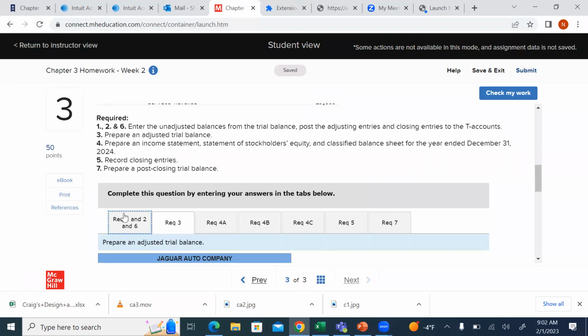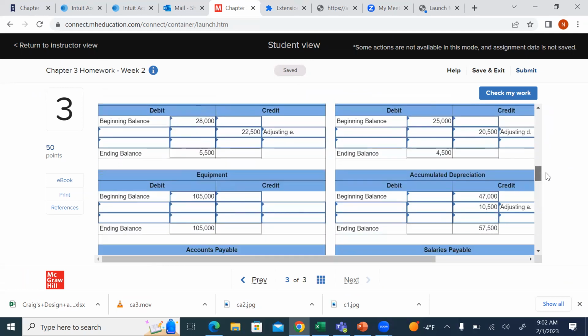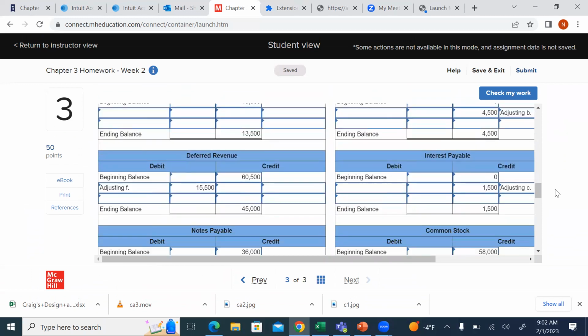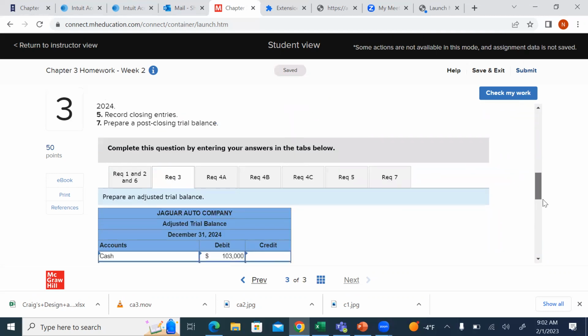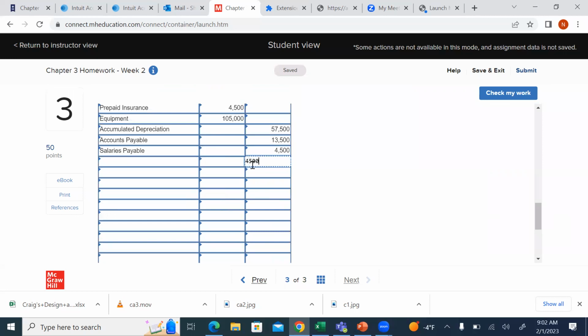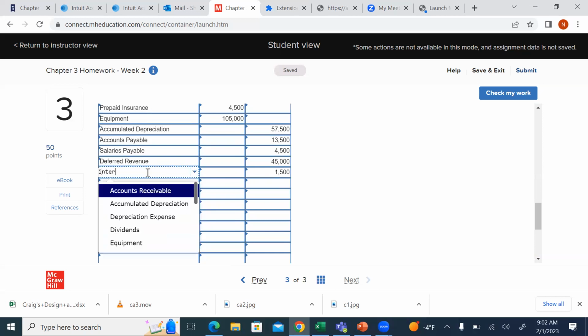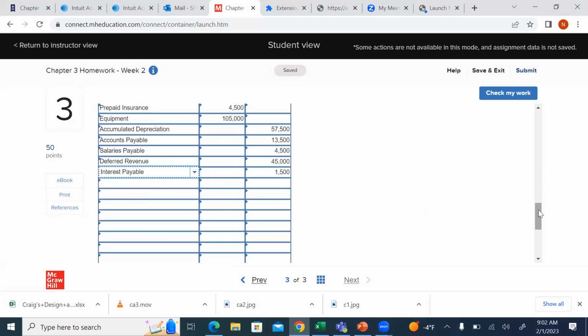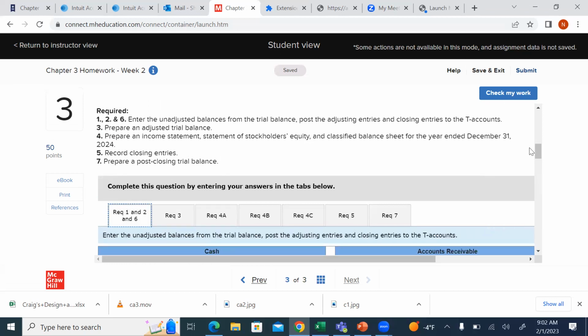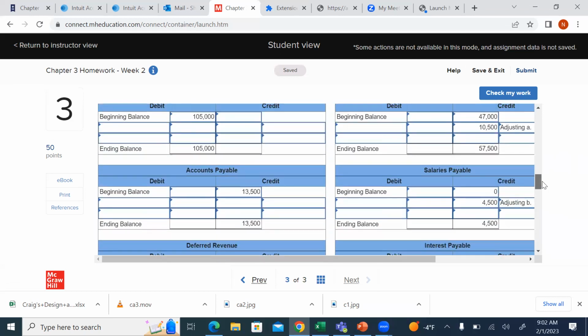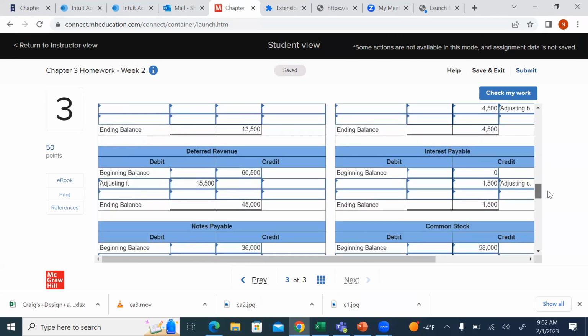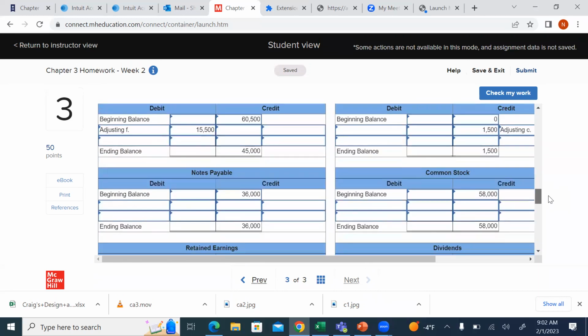Deferred revenue 45,000. Interest payable 1,500. Okay.